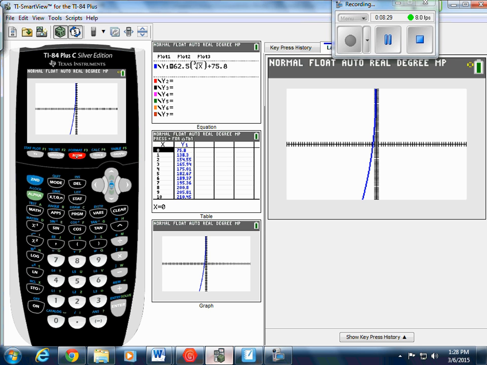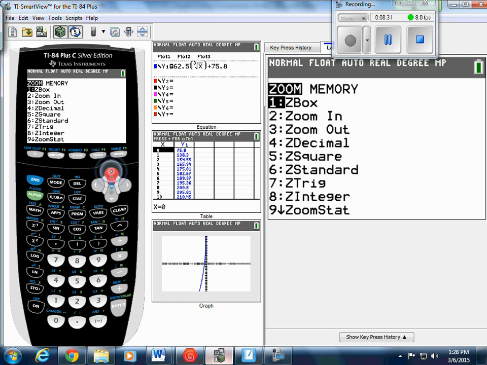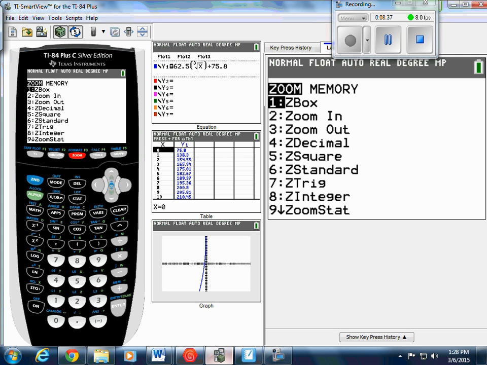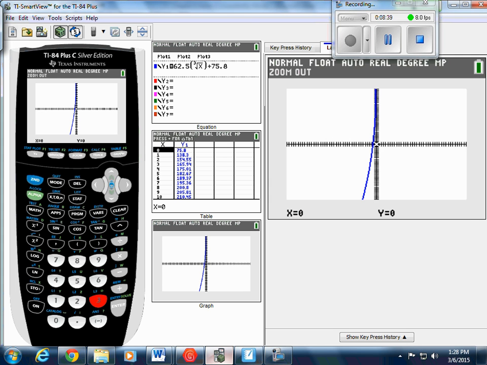So now I'm going to zoom out up here. I'm going to zoom out, and I'm going to come up here a ways, wherever I can get to. So I'm going to zoom out up to the top of the graph.